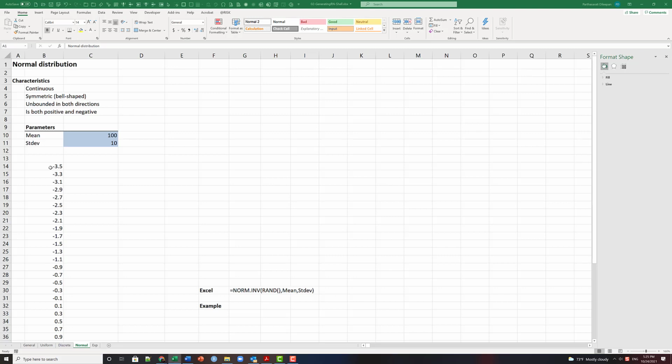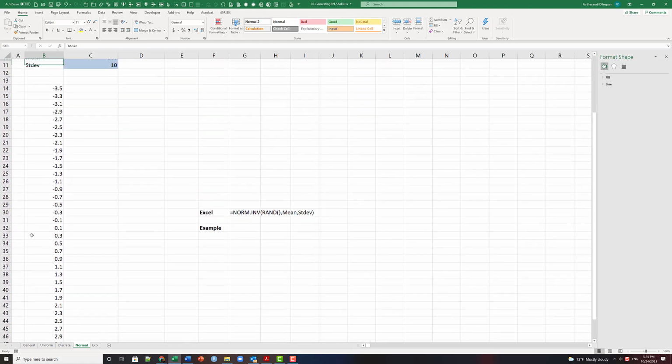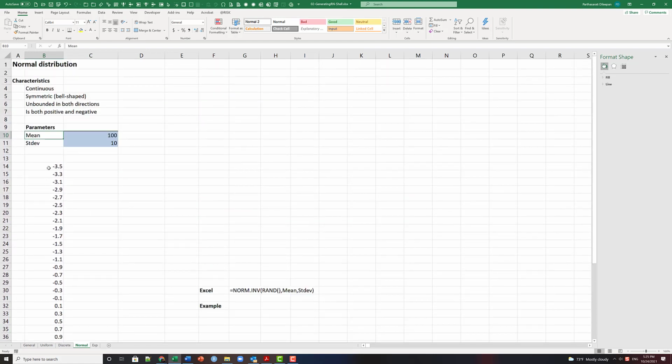So let's say theoretically speaking, on the left end we have minus infinity, but let's start with minus 3.5, and we'll go in increments of 0.2 all the way up to 3.5 standard deviations. So we are looking at going from minus 3.5 standard deviations all the way to plus 3.5 standard deviations. So that will be our z.